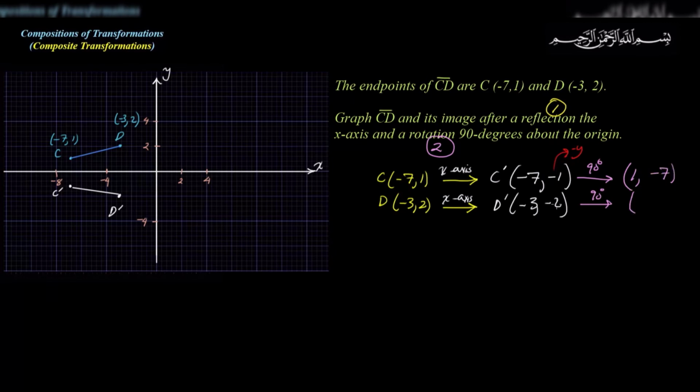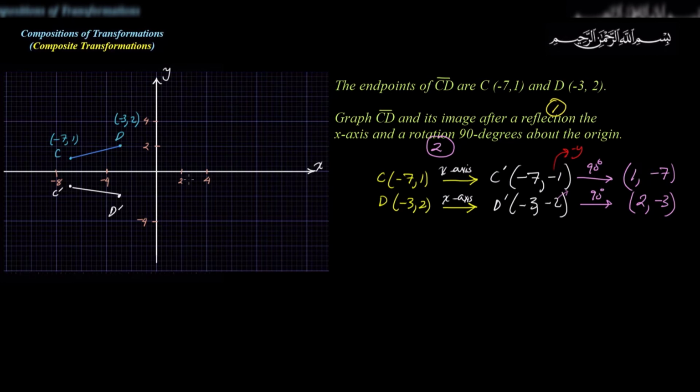And if I do that again, take the y, make it a negative of a negative, positive, that's 2, and the x will take the spot of the y. So that's a 90-degree counterclockwise rotation. In this case, we were not told if it was clockwise or counterclockwise. We assumed, therefore, it was counterclockwise, that's the default situation.